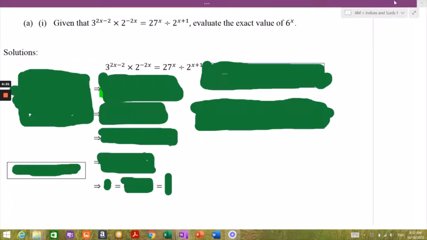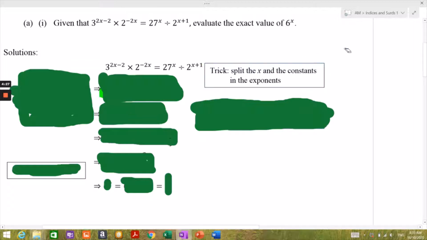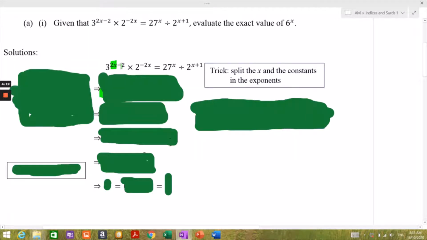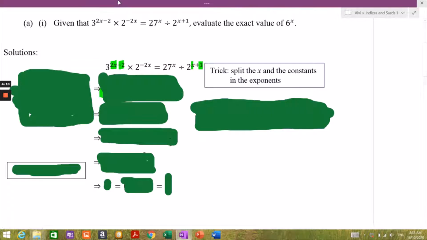The trick over here is to recognize that the power x terms and the constants can be split up using your indices properties. You notice that, for instance, there is a 2x and a minus 2, and there is an x and a plus 1. These constants should be separated out from the x terms in order for you to do your calculations properly.